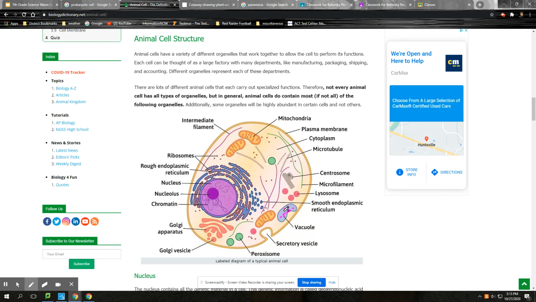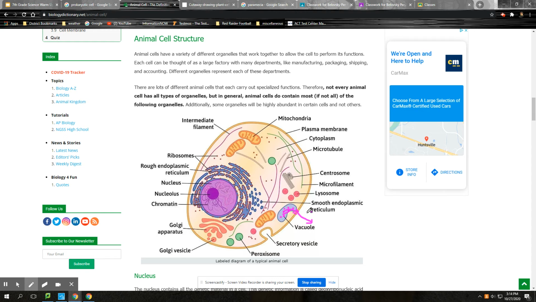The cell could then move the vacuole to the cell membrane, an opening is made here, and all of this exits out this way. So that's how a vacuole works. Usually plant cells have one really big vacuole, and animal cells can have multiple vacuoles for storage reasons.